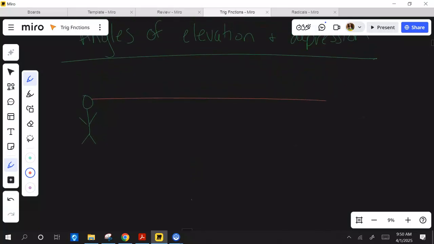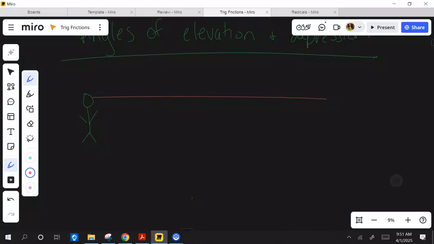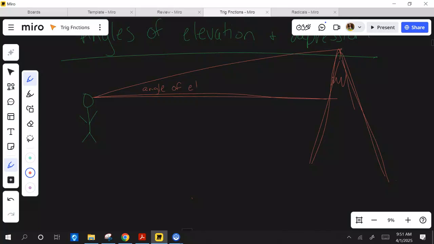Now, if you look up at something like, let's say there's a mountain that you're looking up to the top of, from that laser up to your eyes going to the top of this mountain goes up here. This is an angle of elevation. It's when you look up at something. But the angle, your actual theta, happens if you look straight out across, it's parallel to the ground, and then you raise your eyes up to the top to look. That angle that forms, that's your theta.